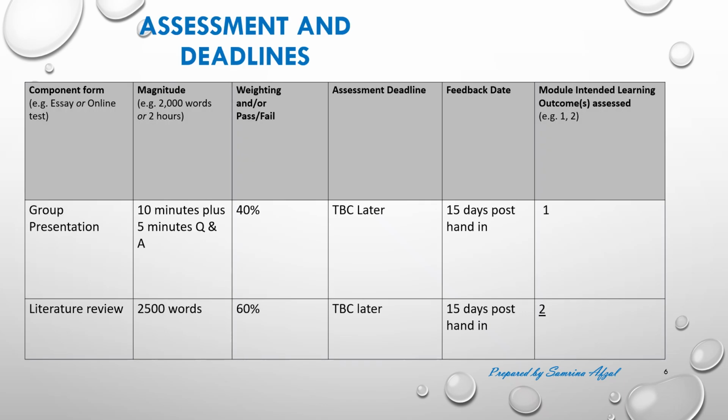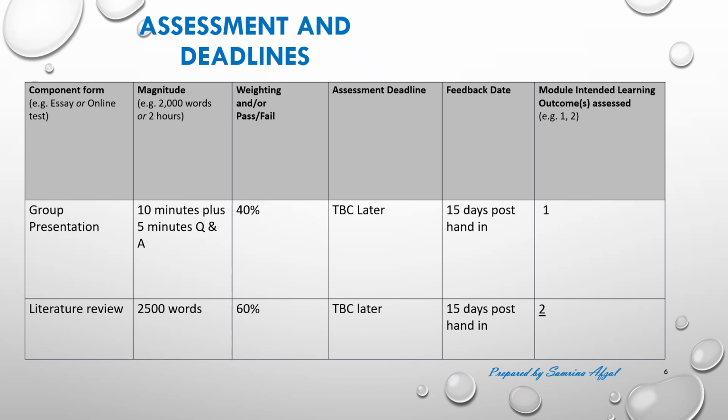On this slide, the information is about the assessments and deadlines. For the first assessment, the group presentation, the deadline will be the 14th of February 2025, and the students will get the summative feedback within 15 days after hand-in, and the learning outcome will be 1 for this assessment, which we will also go through on the next slides.